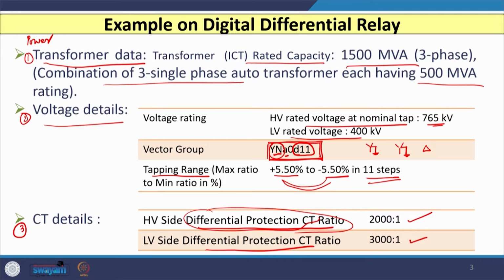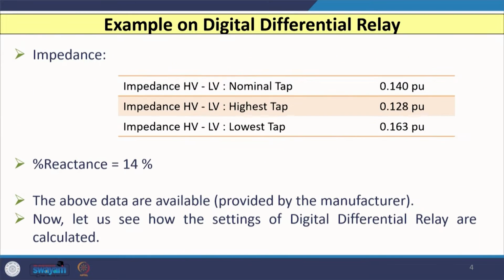If I go for overcurrent and earth fault protection also in case of power transformer as a backup, then also we can go for another CT. That is why I have mentioned here HV side differential protection CT ratio and similarly LV side differential protection CT ratio.